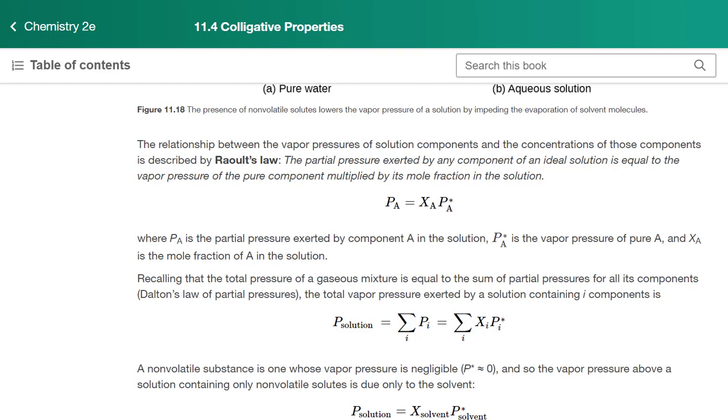There's a linear relationship with the mole fraction. Again, we're not going to get into the details of the calculation here. We've done enough calculations, but what you want to know is that when you have a non-volatile solute, it will lower the vapor pressure of the solvent.